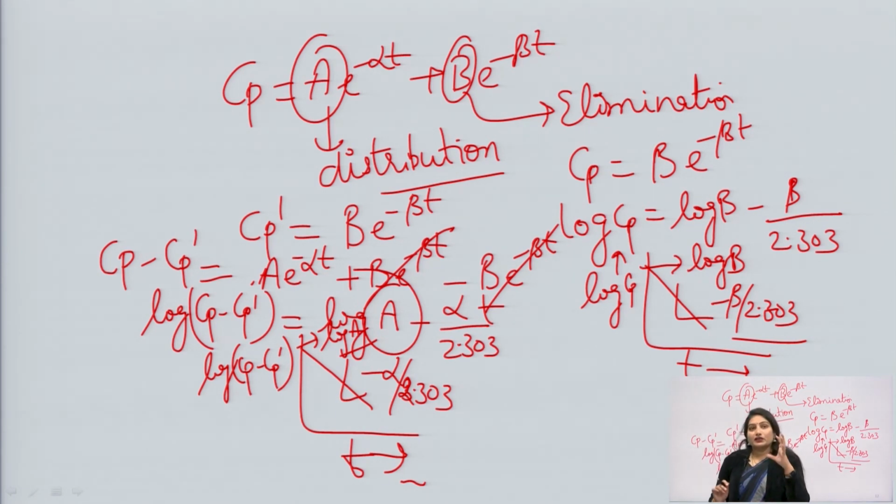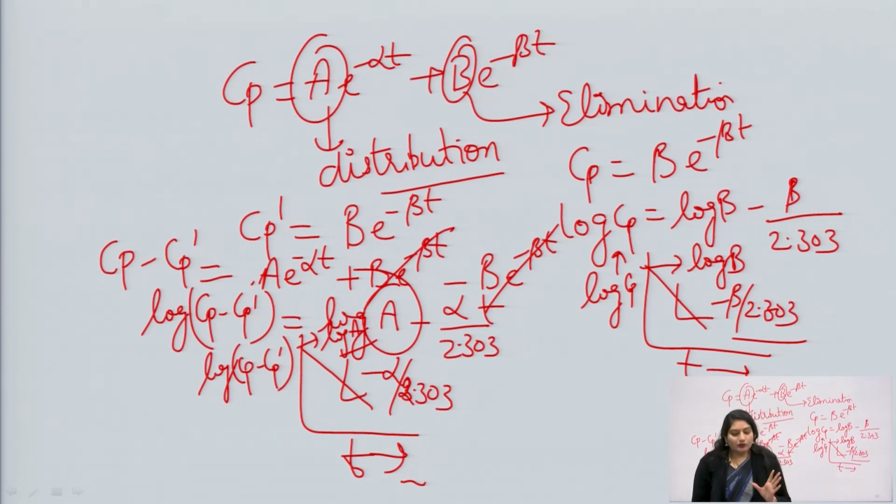So, with the help of this method of residual, we are getting the values of the different constants A and B. We are converting this bi-exponential term into simple terms, and calculating the values of these constants A and B, where A is representing the distribution phase and B is representing the elimination phase.